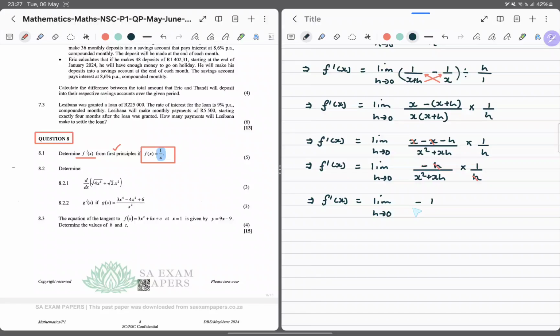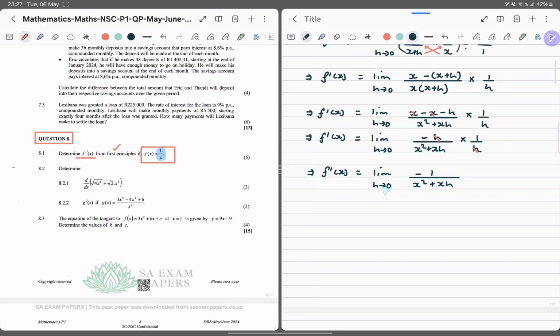It's going to be minus 1 over x squared plus xh. Now it's safe to then substitute the h because we will not have 0 in the denominator.